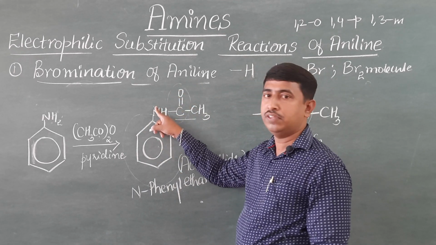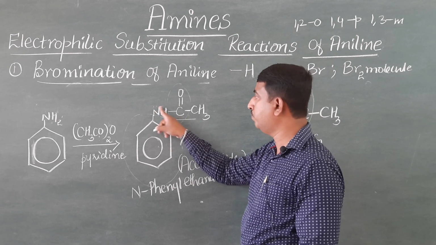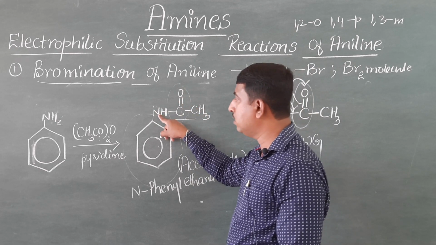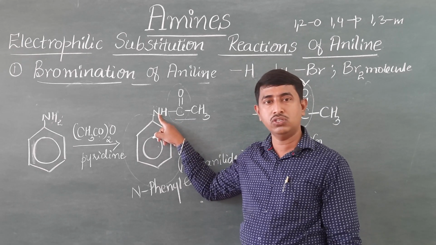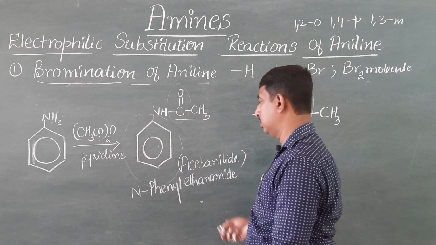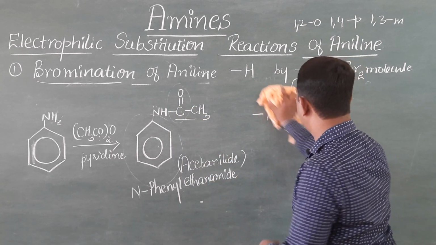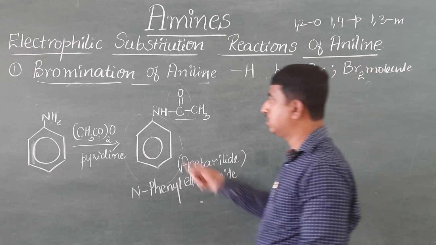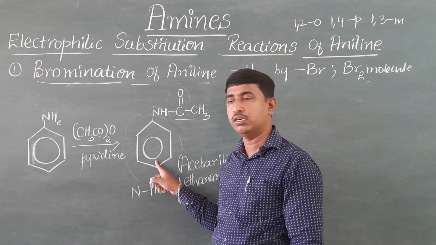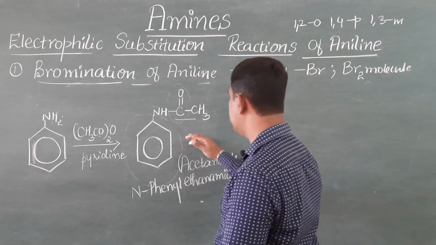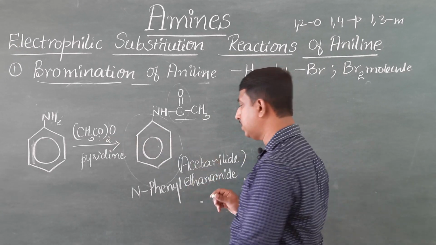Some amount of the electrons will be shifted towards the carbonyl oxygen atom. As a result, electron density upon nitrogen decreases, or its activating nature decreases. So, now it cannot readily donate its pair of electrons to the benzene ring. So, this is the first step, that is acetylation.